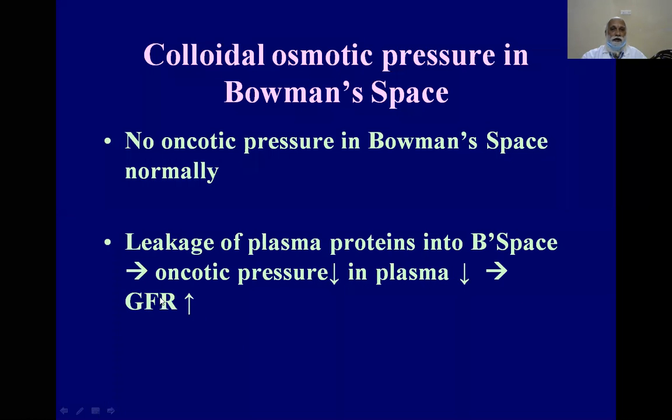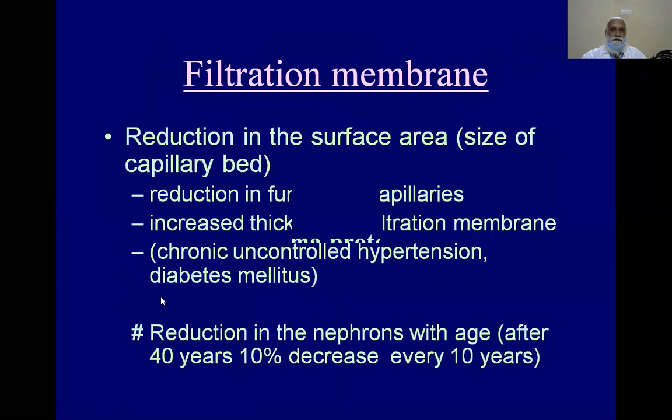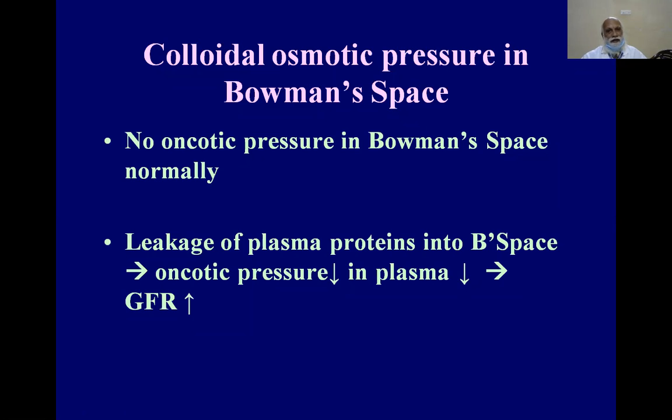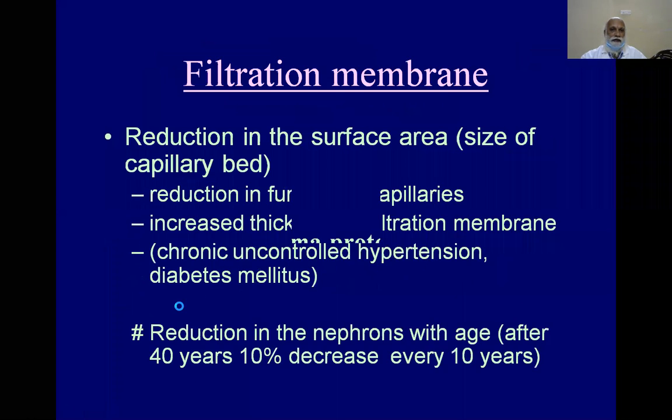So GFR will increase. You can also say leakage of plasma proteins into the space means the proteins in the Bowman's space want to bring along with them some more fluid. So GFR increases.